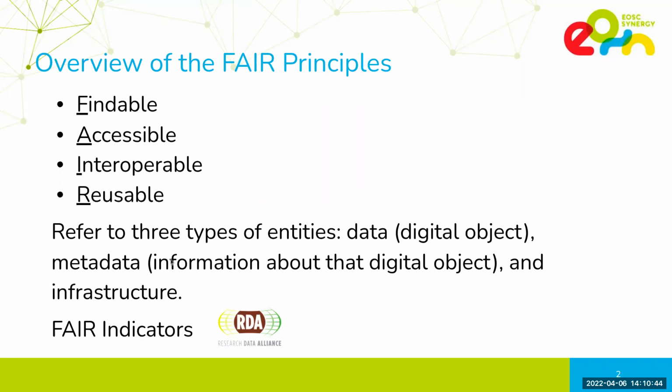And the infrastructure that puts this digital object in place, let's say repositories, data portals, etc. At a high level, as we are working with the Research Data Alliance in the FAIR maturity group, they propose 43 indicators to check if a digital object adopts the FAIR principles.